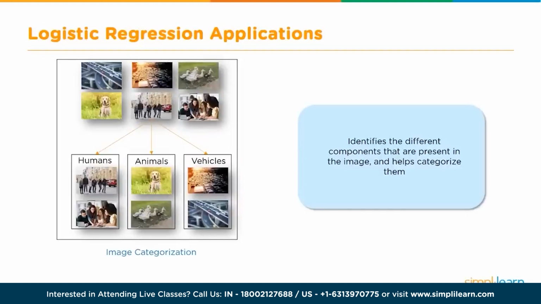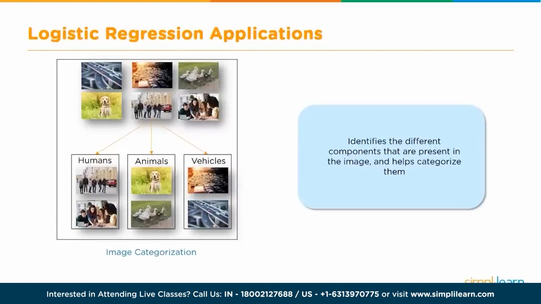So logistic regression is not used in its original form, but it is used in a slightly different form. So we say whether it is a dog or not a dog. I hope you understand. So instead of saying is it a dog or a cat or an elephant, we convert this because we need to keep it to binary classification. So we say, is it a dog or not a dog?